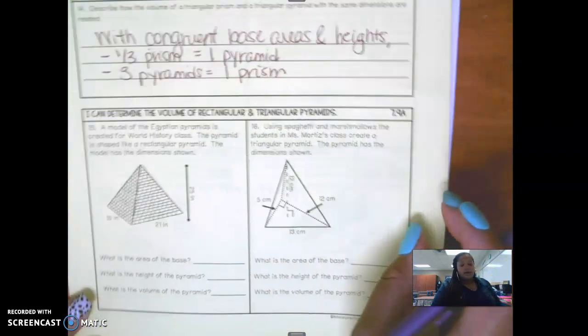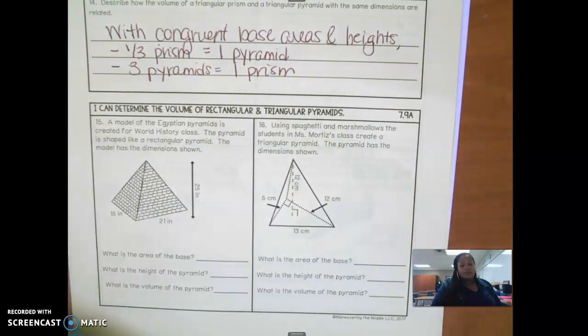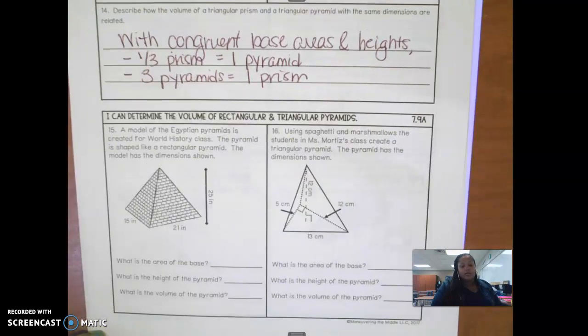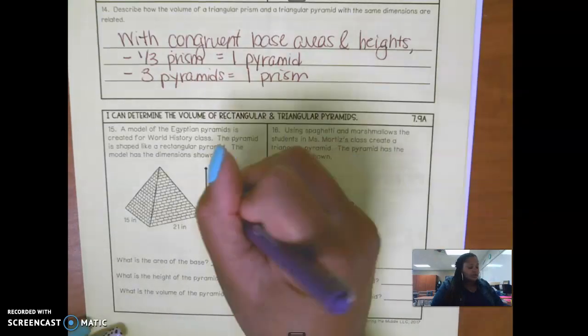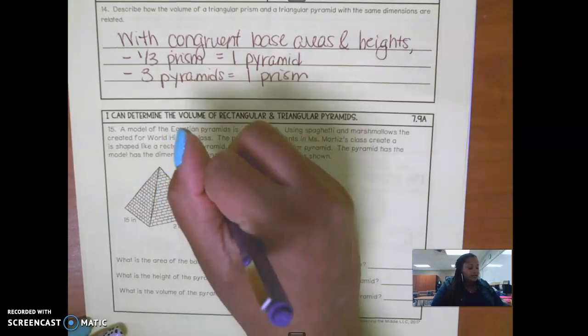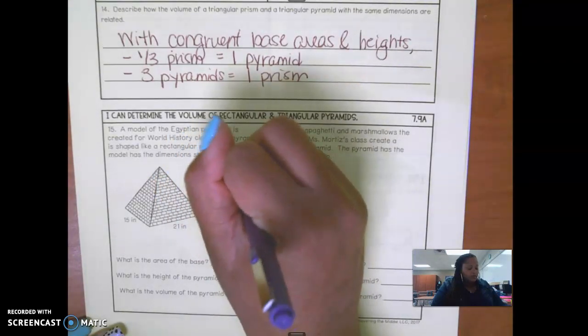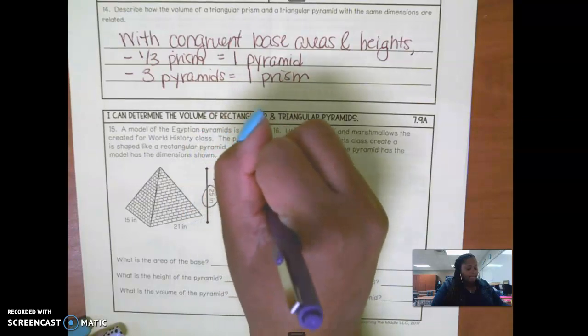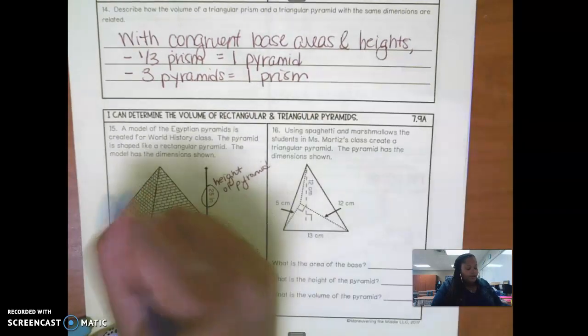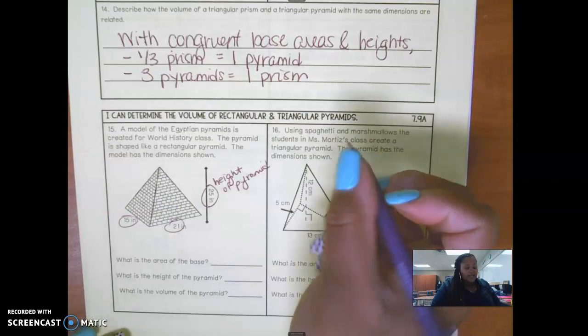All right, 15. It says a model of the Egyptian pyramids is created for world history class. The pyramid is shaped like a rectangular pyramid. The model has the dimensions shown. This 25 inches is the height of the pyramid. This is part of my base area.